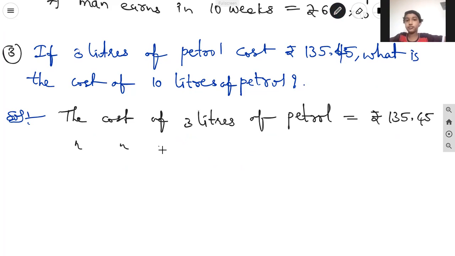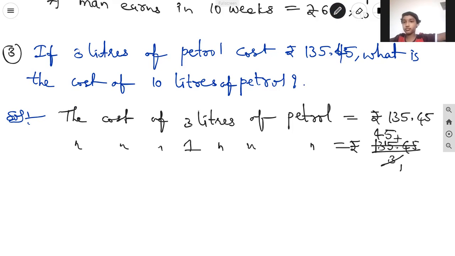Next, to find out the cost of 1 liter of petrol, that is equal to 135.45 by 3. 3 ones are 3, 3 fours are 12. 1 is the remainder after subtraction, 15. 3 fives are 15. 3 ones are 3. 3 fives are 15. 1 liter cost is 45 rupees 15 NP.